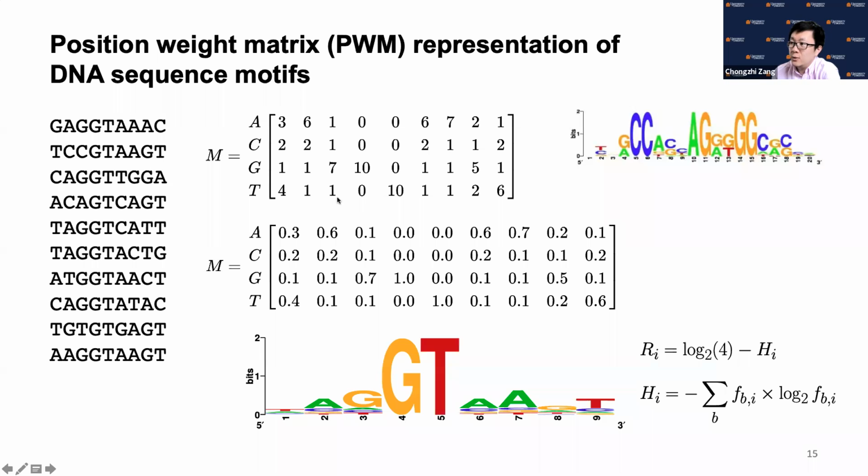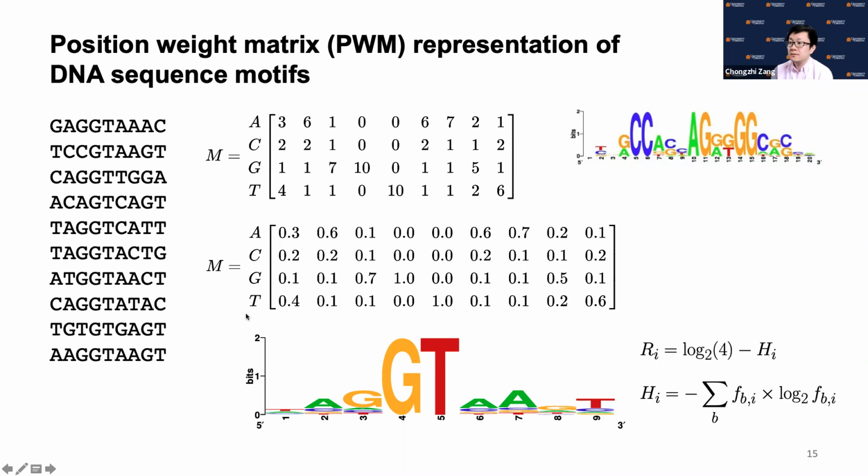And then we convert it to frequency. At each position, the frequencies add up to 1, right? So 100% of them are G, and 100% of them are T, and that is represented at each of these 9 positions.